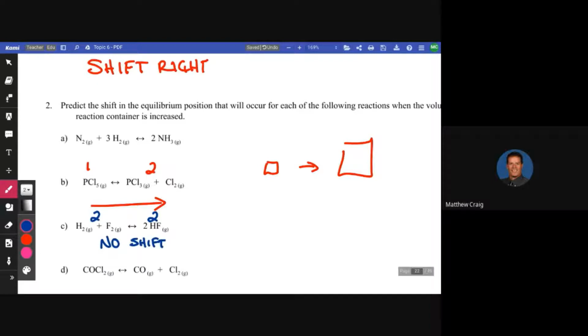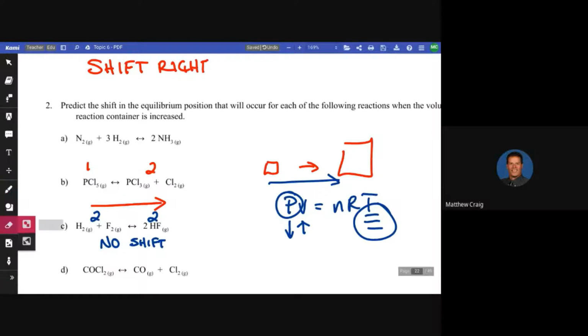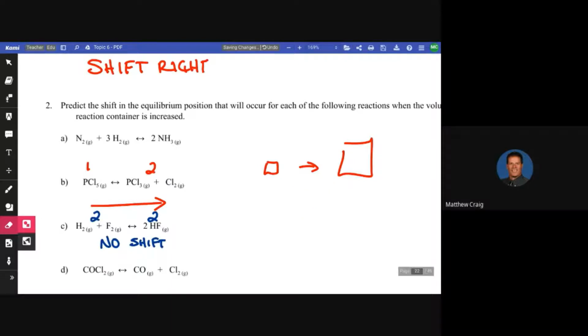However, what will happen is that as we go from here to here, then the temperature will change because the pressure is getting lower, the volume's getting higher, which will change the temperature in this case, since we don't have a chance to actually get our pressure back to where we were. Again, we're not going to have to calculate that. All of the questions asking is, which direction will the reaction shift to reestablish equilibrium?